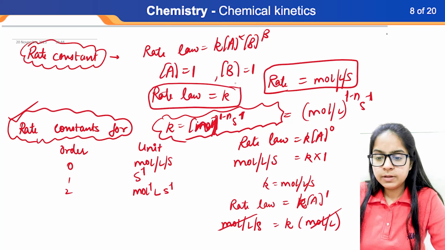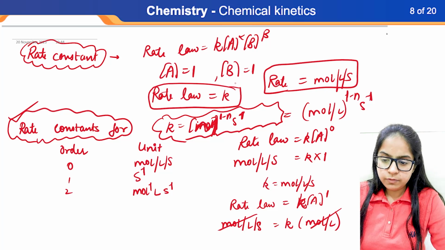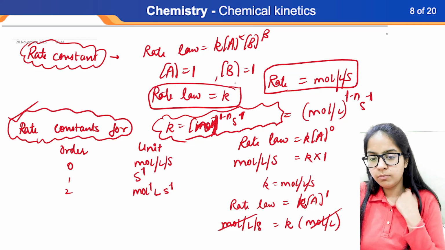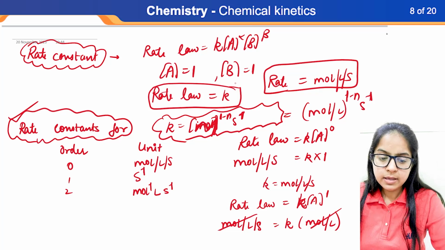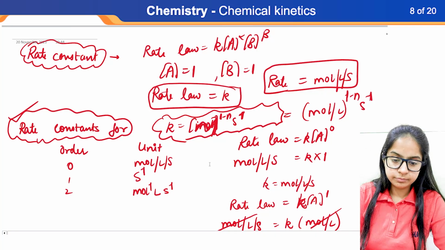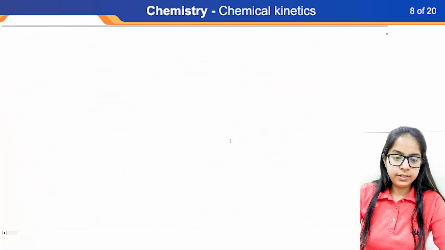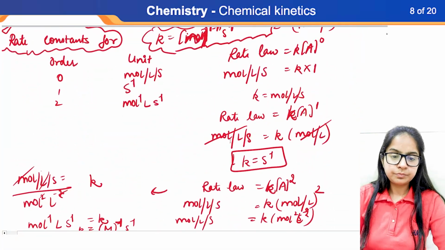For the first order, 1 minus 1 is 0, anything which has power 0 will be equal to 1. So then second inverse, then it's 1 minus 2, molarity minus 1, then mole inverse liter per second. So this is all for the rate constant values.